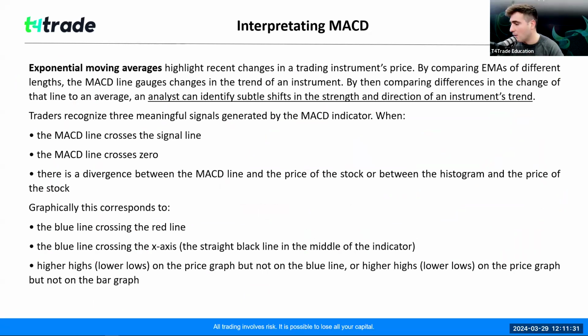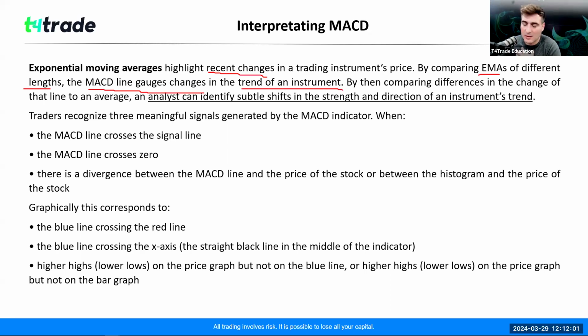Let's go ahead and read over it. I don't have much time anyway. So exponential moving averages highlight what we call the recent changes in a trading instrument's price. That's why we don't use simple moving averages, we use exponential. They have their benefits. Now, by comparing EMAs of different lengths, the 12, the 26, and the 9, the MACD line gauges changes in the trend of an instrument.